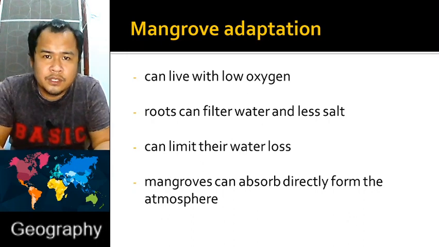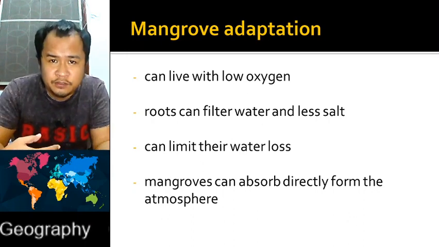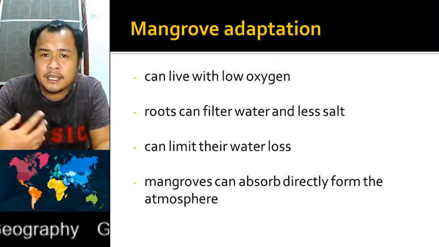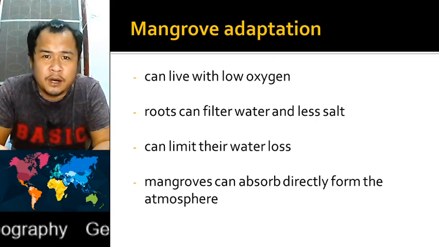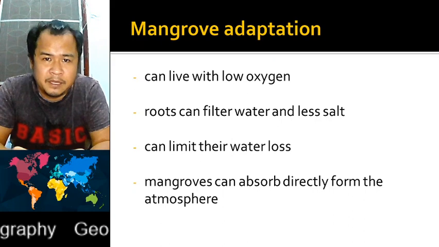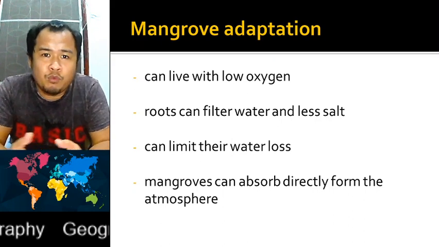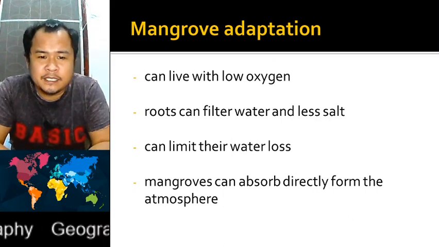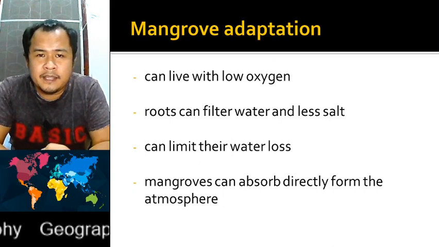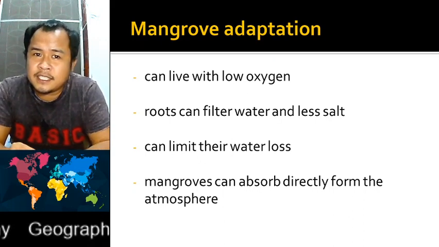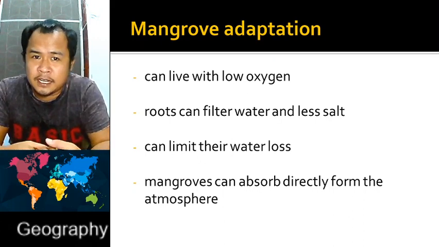Their roots can filter salt from the water. Okay, some plants cannot live in salt water because it would shrink them. It would take away the water from the bodies of the plants. But here, their roots can just get water and not let salt come in.